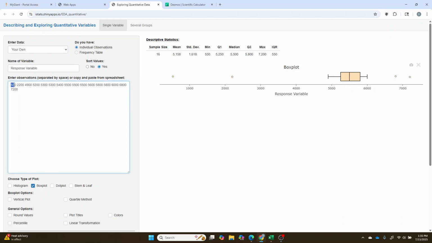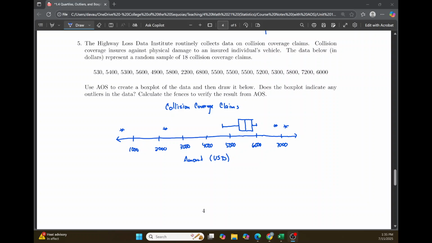And that way you can see, oh, okay, yeah, the smallest value is 530, that's an outlier. 2200 is an outlier. 4900 is not an outlier. And then on the upper end, it looks like 7200 is an outlier, 6800 is an outlier, but 6000 is not. So that's how you could identify what the actual values of the outliers are.